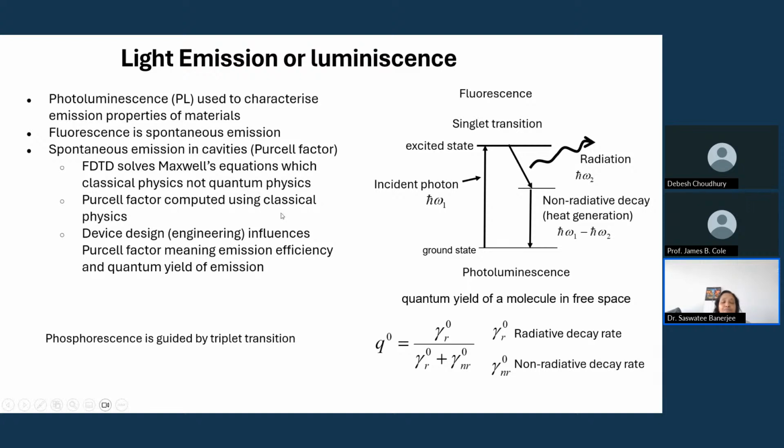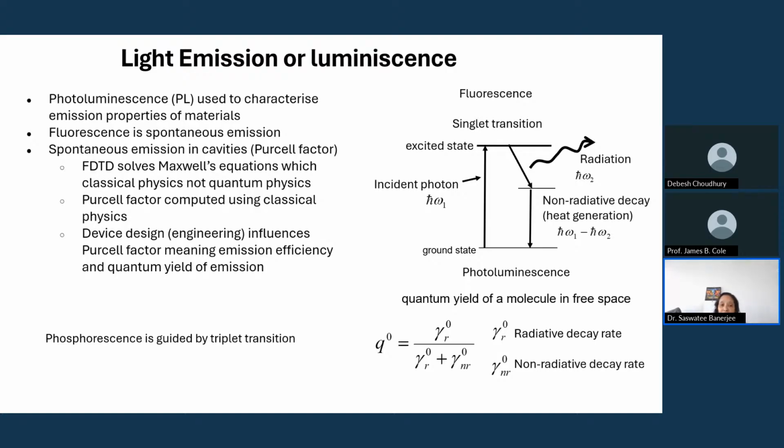Now, when you put it in cavities, the radiation yield looks different, and that is called the Purcell factor. You do need to calculate that Purcell factor, and you can calculate it using FDTD, which is Maxwell's equations, classical electromagnetism again.